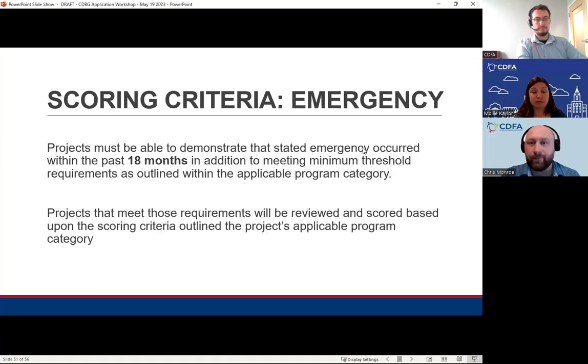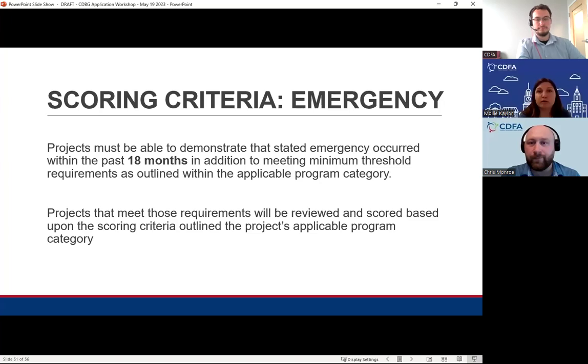And then we have our emergency program, which I only briefly mentioned. In order to be eligible for emergency funding, projects must be able to demonstrate that the stated emergency occurred within the past 18 months. And they also have to meet minimum threshold requirements that are outlined in the corresponding program category.